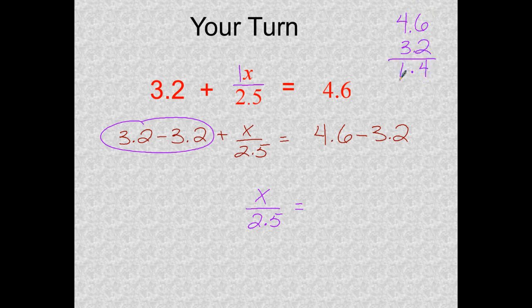So we have 1 4/10 equaling our fraction, and we have to either do your quick multiplication of your denominator times your whole number constant on the right side here, or you can multiply both sides by the reciprocal of 1 over 2 and 5/10, so that would be the reciprocal of 2 and 5/10 over 1.